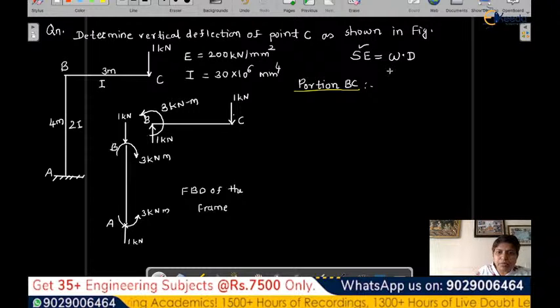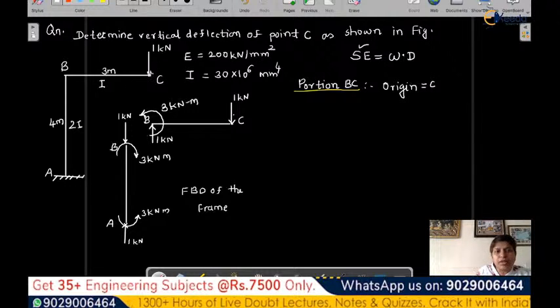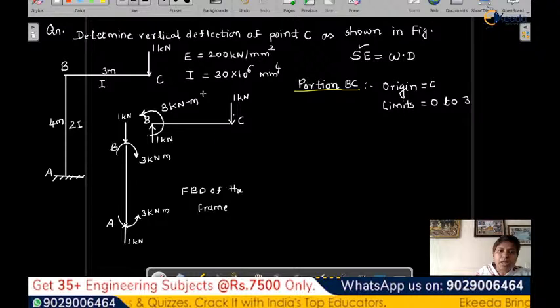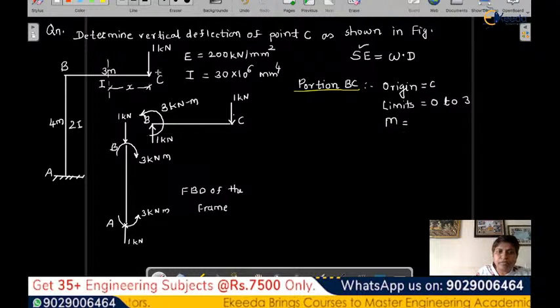In this particular case, we are starting our calculation from C to B. So here origin will be C. Okay, and what are the limits? Limits are 0 to 3. And what will be the moment equation if you consider any section at this point? Moment M will be 1 into x. So 1x. That is our portion BC.